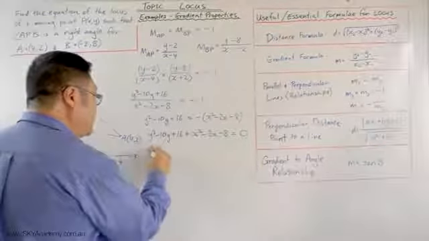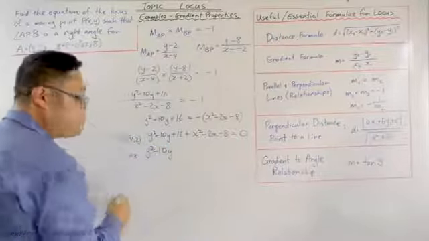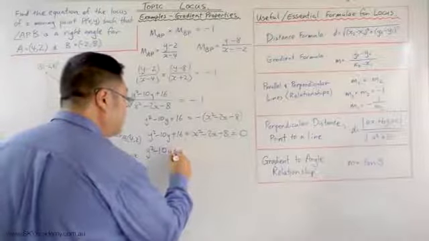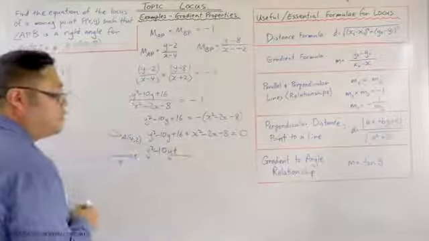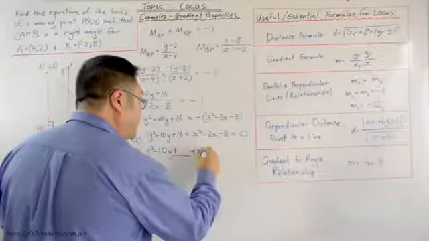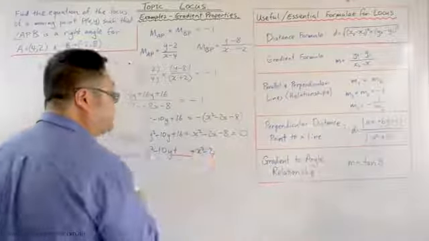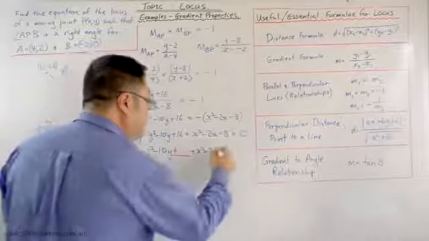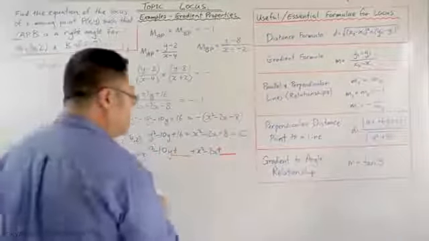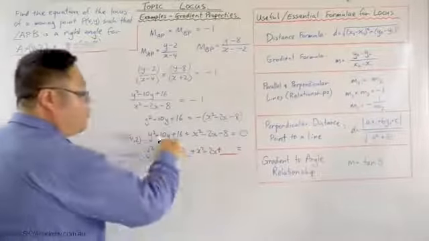So it's y squared minus 10y plus whatever it is that's going to complete the square, plus x squared minus 2x plus whatever it is that's going to complete the square, is going to be equal to, and what is it?